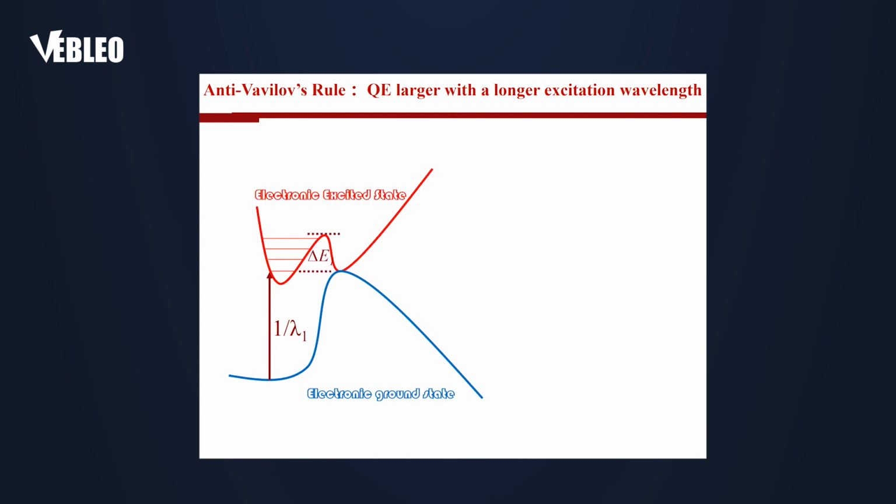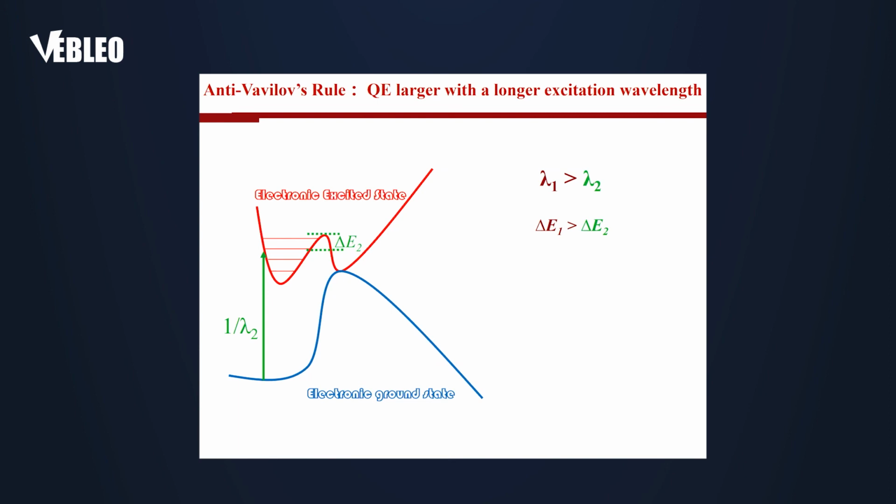So it has an energy barrier to cross to reach the CI, let's say delta E1. If it is excited by a photon with a smaller wavelength, now this molecule goes to a higher vibrational excited state, right? So the energy barrier for it to reach the CI, delta E2, actually is smaller, right?